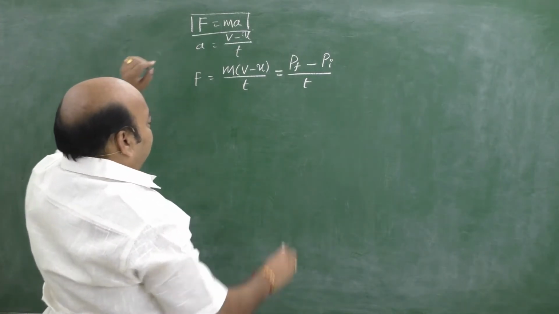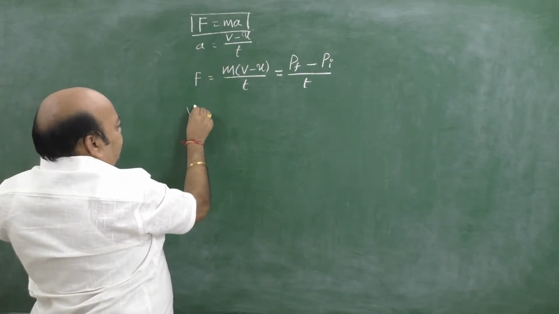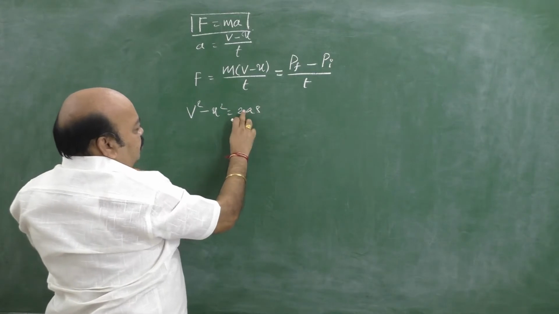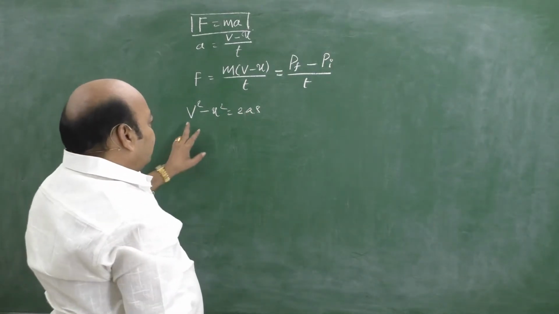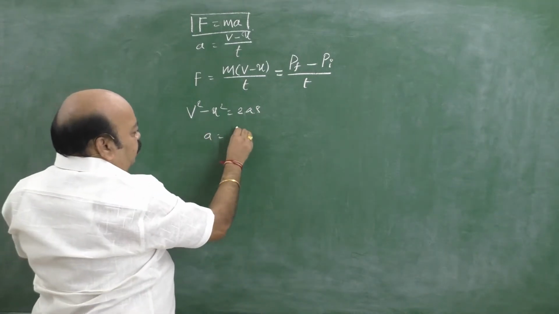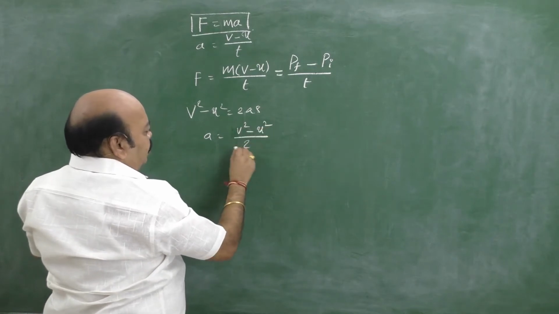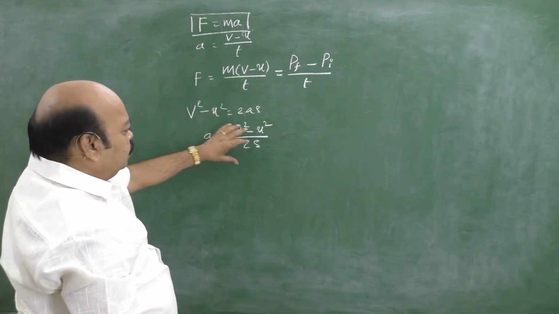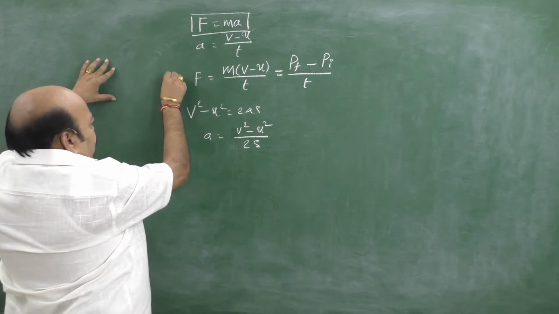See, now I am using the third equation of kinematics, where V square minus U square is equal to 2as. See how simple this is. This is school physics. From this, A is equal to (V square minus U square) divided by 2s. If you substitute the value of A in the standard equation, you get one more case.